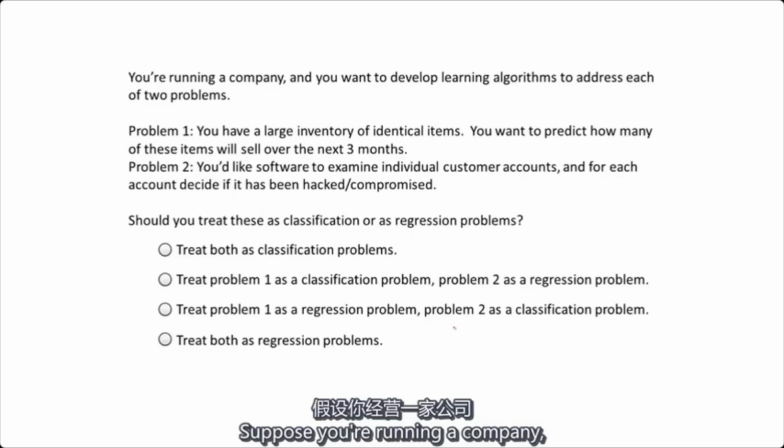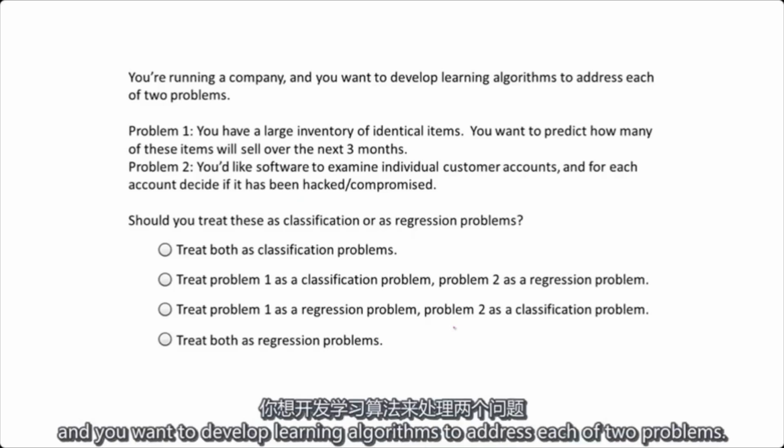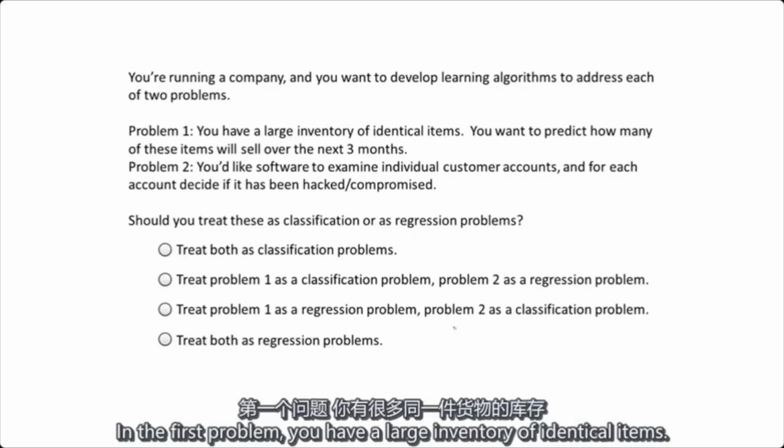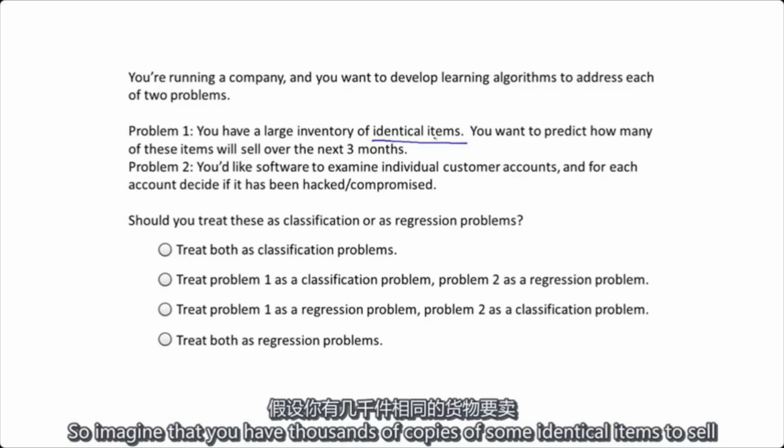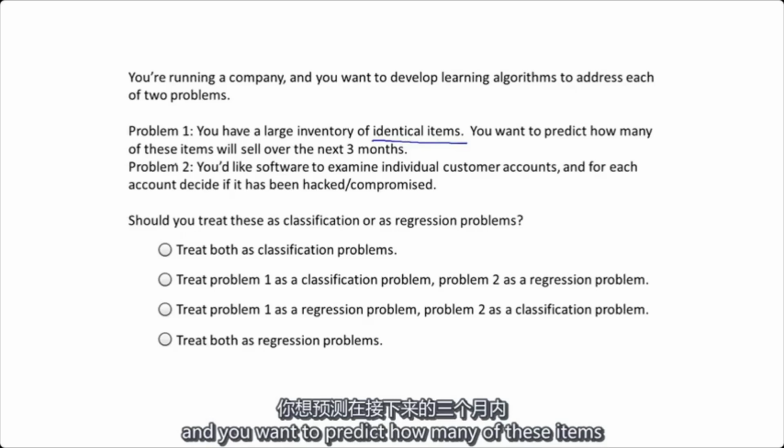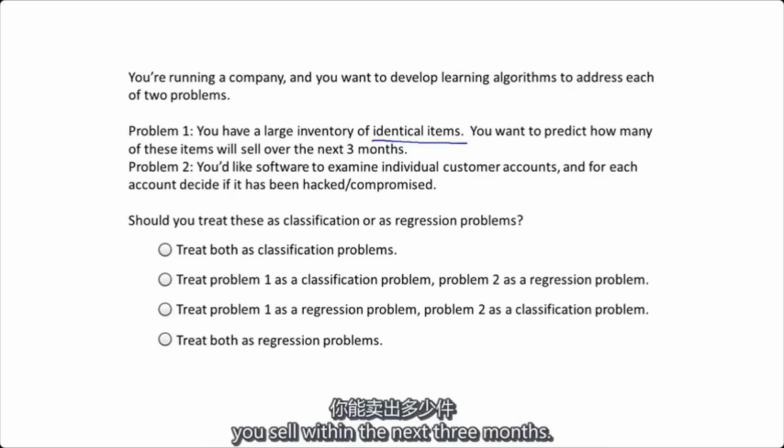Suppose you're running a company and you want to develop learning algorithms to address each of two problems. In the first problem, you have a large inventory of identical items. So imagine that you have thousands of copies of some identical item to sell, and you want to predict how many of these items you sell over the next 3 months.